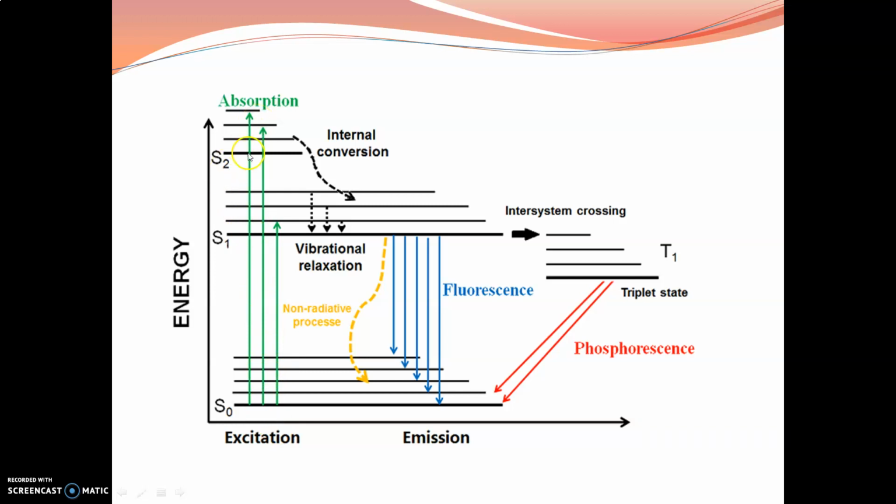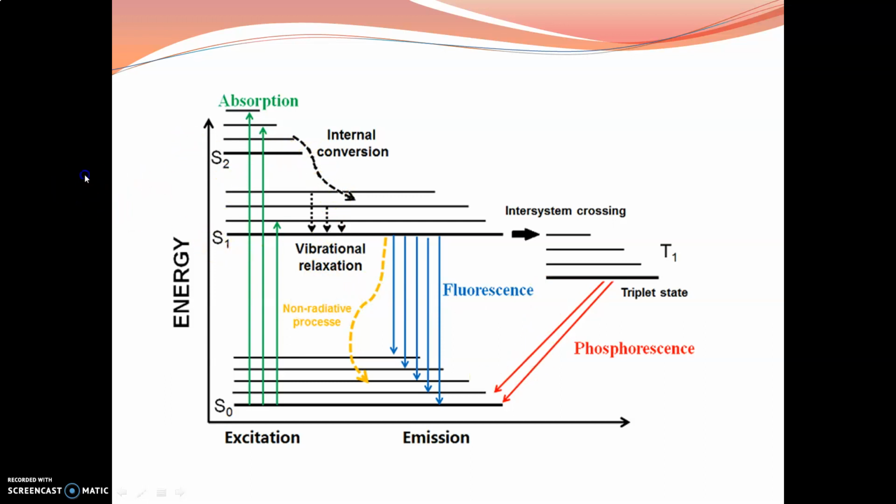Now when the emission takes place, if they are coming from S1 to S0 state, we term it as fluorescence, that is with the same spin multiplicity.